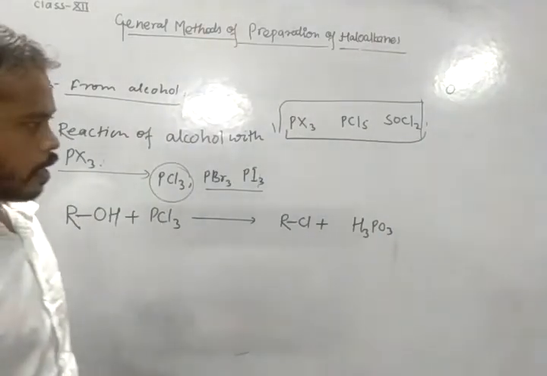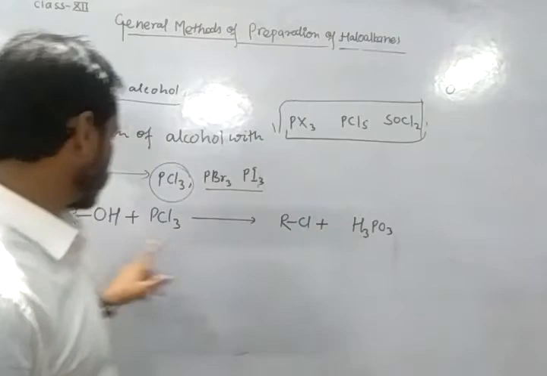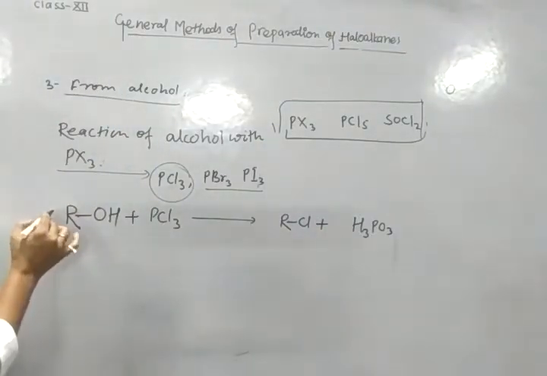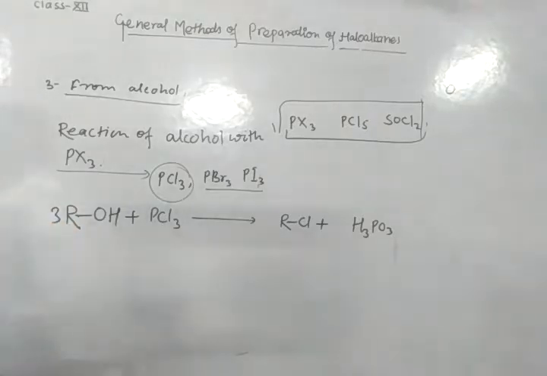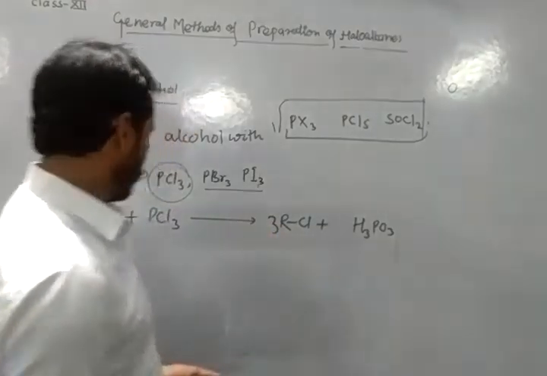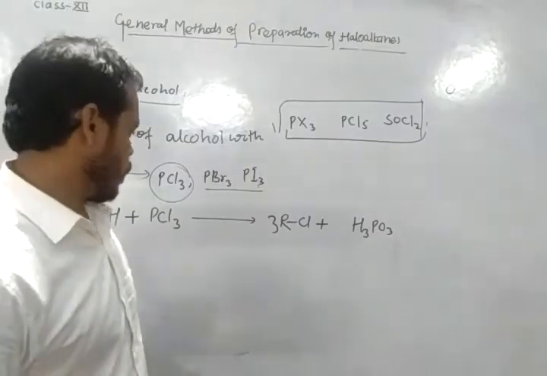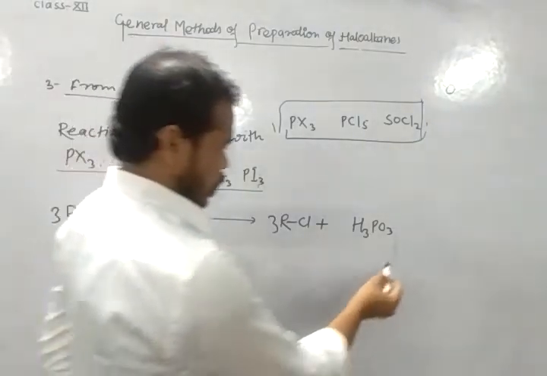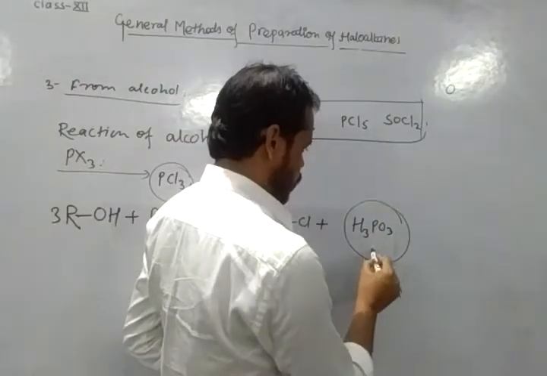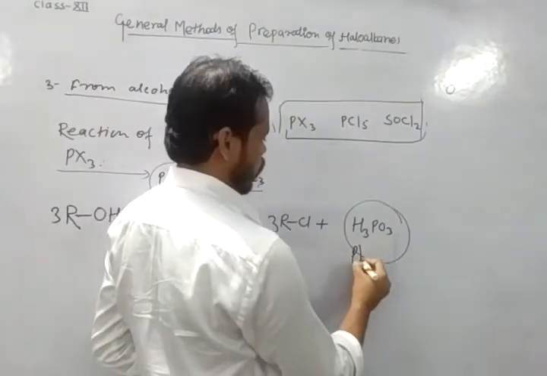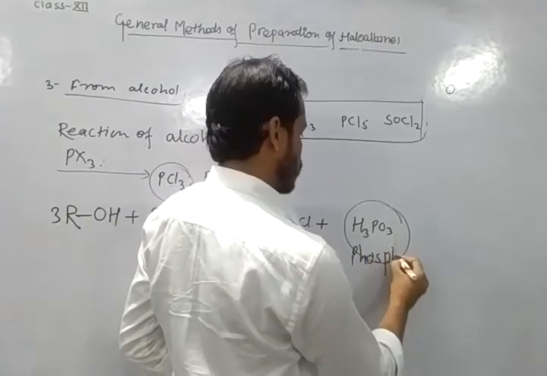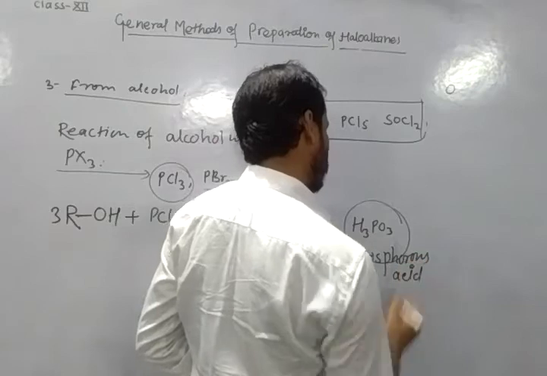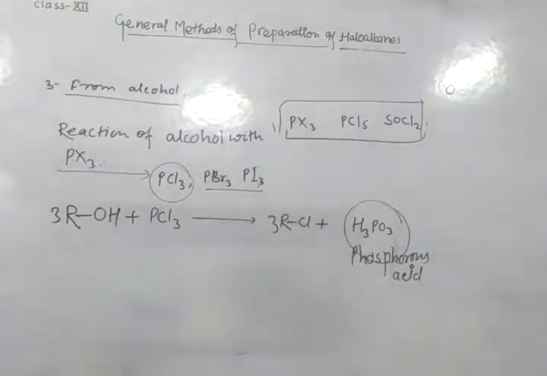Now you can see three hydrogens are substituted here. Then this reaction is multiplied with 3, and all the elements are balanced here. This is the balanced equation. This byproduct is known as phosphorus acid, not phosphoric acid.